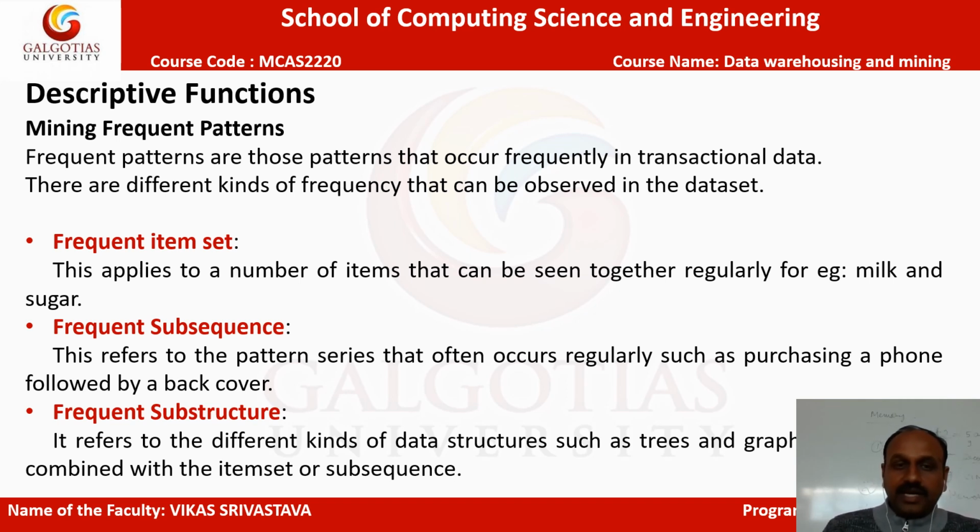Frequent subsequence refers to a pattern series that often occurs regularly, such as purchasing a phone followed by a back cover. Whenever you are purchasing a phone, it means you are looking for a back cover as well. Similarly, what is the pattern of a customer?